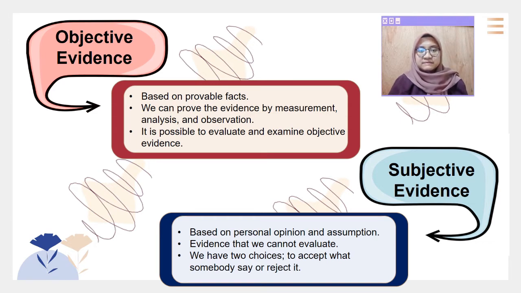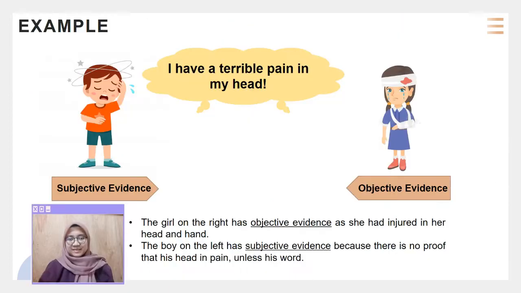Meanwhile, subjective evidence is based on personal opinion and assumption. Plus, we cannot evaluate the evidence. In subjective evidence, we have two choices: whether to accept what somebody says or reject what he says. Okay, I have one example.